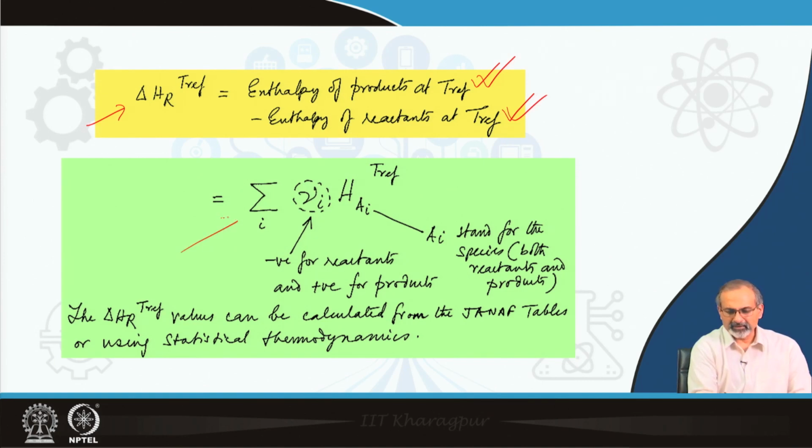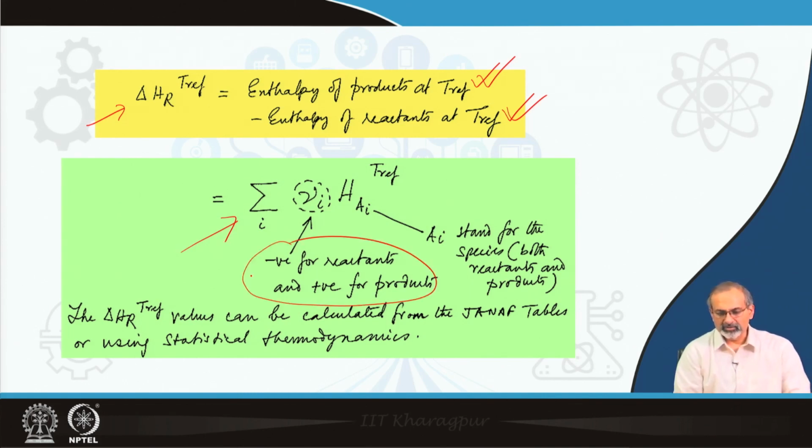Finally, that can be indicated like this as a summation, where we have negative or positive values for reactants and products respectively, where the nu indicates the stoichiometric mole numbers and the H values are for the different species.